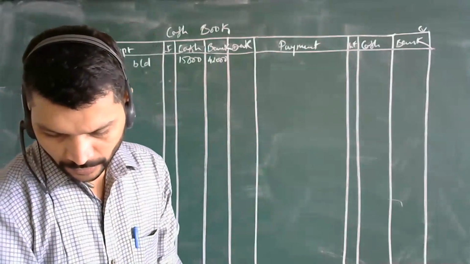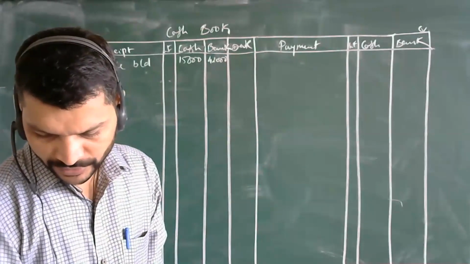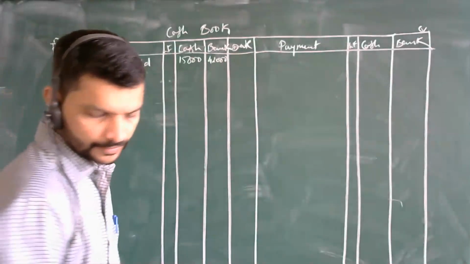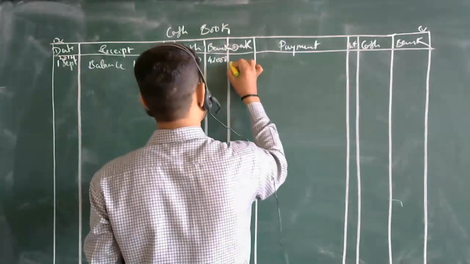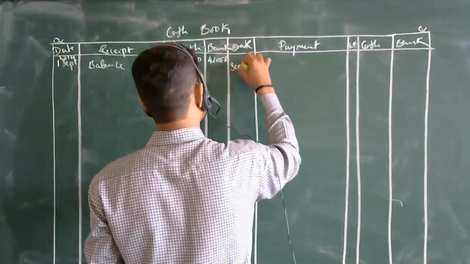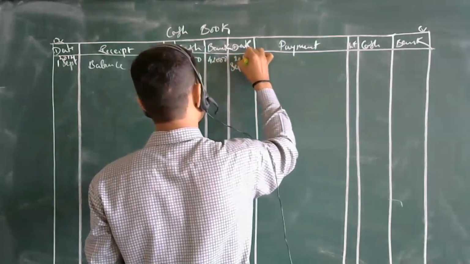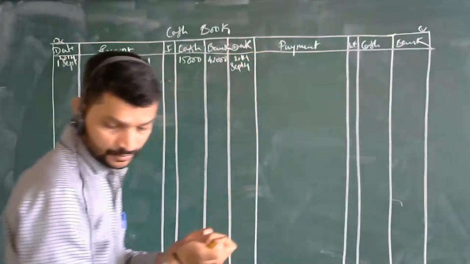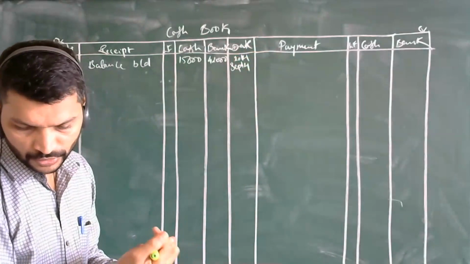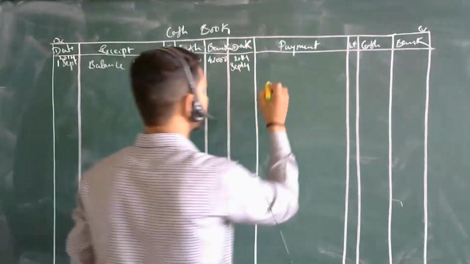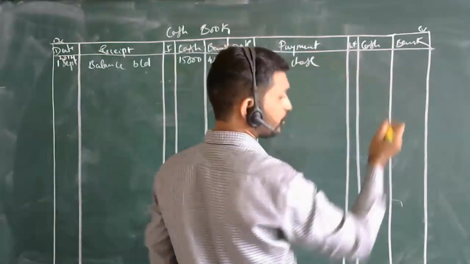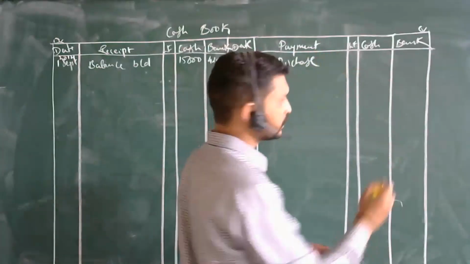Then next, purchased goods by check 12,000. Means you have made the payment. On which date? It is 4th September 2014. You have purchased goods by check, so obviously purchase, 12,000.